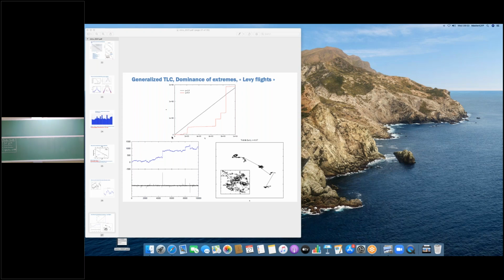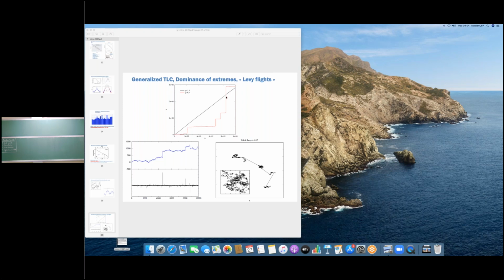And what I'm doing here is I'm imagining that each item that is sold has a price that is distributed according to a power law distribution with some index mu. And so what I'm plotting on the y-axis is the total sales after having sold n products, okay?